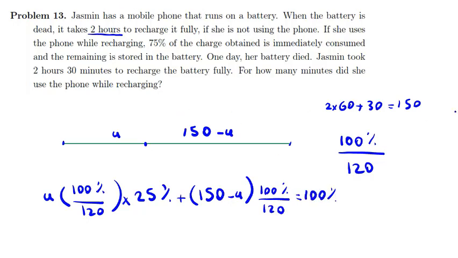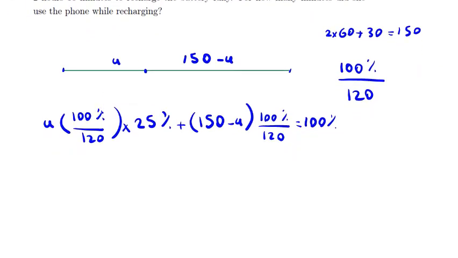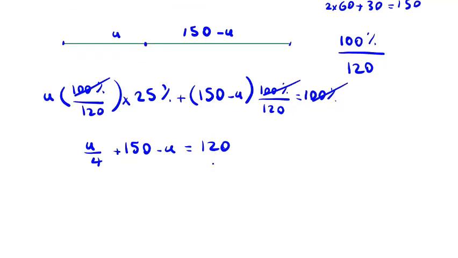Okay, now we want to find u, the problem says. So you can divide both sides by 100%, which is 1. Then we can multiply both sides by 120. 25% is u over 4 plus 150 minus u. We multiplied by 120 both sides, so it will be 120.